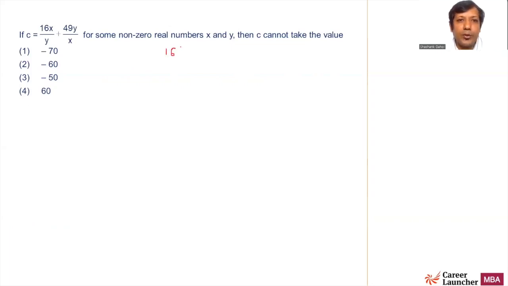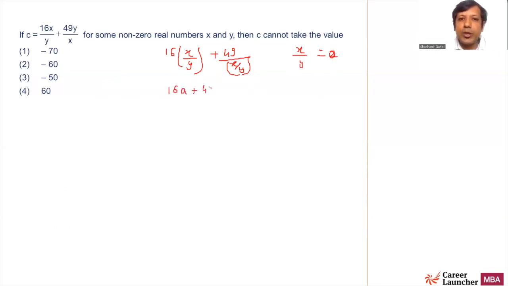Now, what I'm going to do is take 16 times x upon y plus 49 divided by x upon y. So let's say x upon y is equal to, sorry, a. So I have the equation as 16a plus 49 upon a.